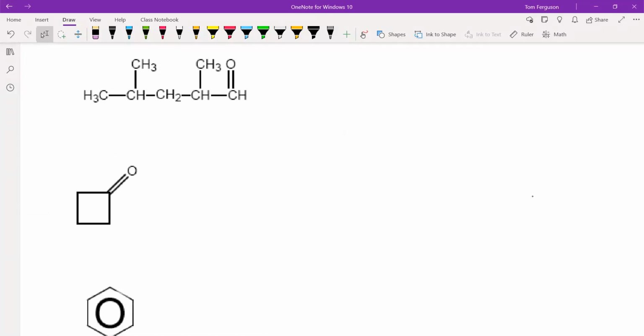Okay, so what do we got here? Well, we've got an aldehyde. And it is 1, 2, 3, 4, 5. So it's 5 carbons. It now has 2 methyl groups on that carbon.